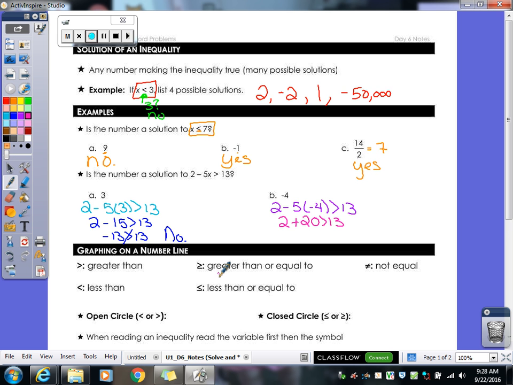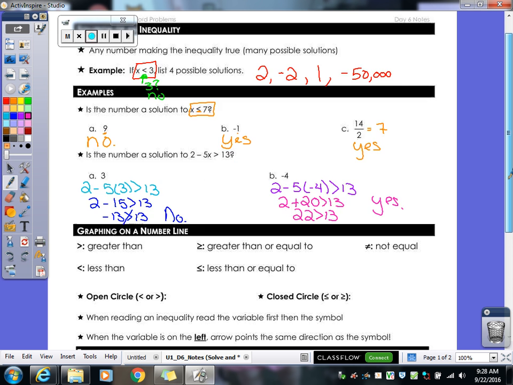Negative 5 times negative 4 would be positive 20. I was thinking it right. I just said it wrong. So then 2 plus 20. Is 22 greater than 13? Yeah. That one's a yes. So if they give you a solution, they're asking if it's part of the solution set. Plug it in, see if it works.